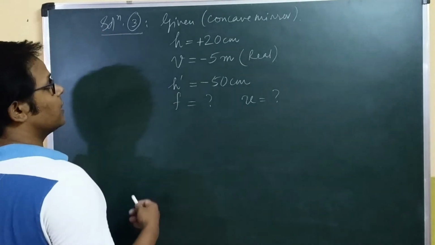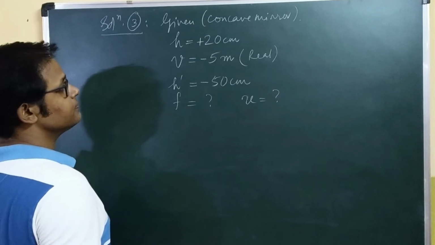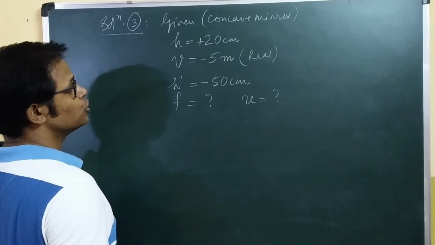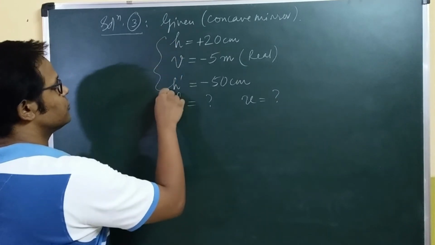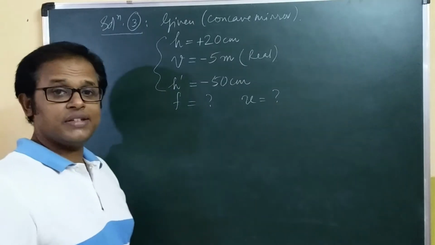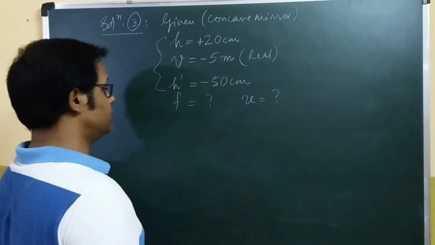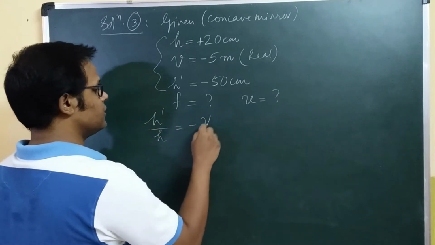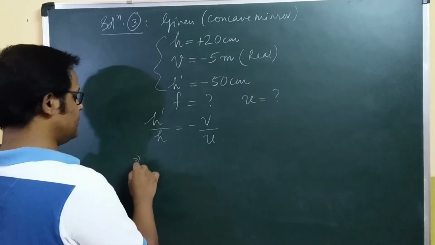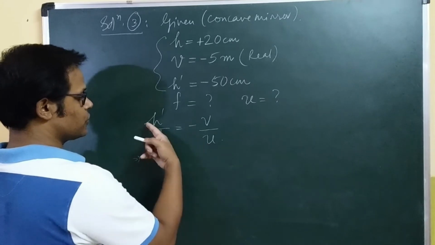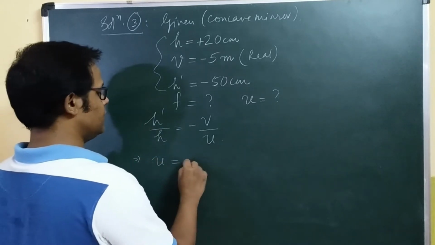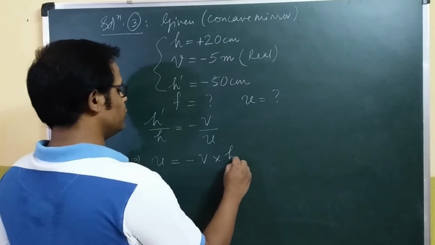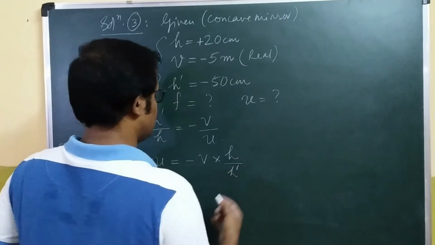So now we can definitely move on to find out anything. You know these three, so you can find. So now we can easily find out u, isn't it? Object distance using the formula h dash by h equals minus v by u. Always get your formula right. U goes up, so you'll find it is minus v into h by h dash.